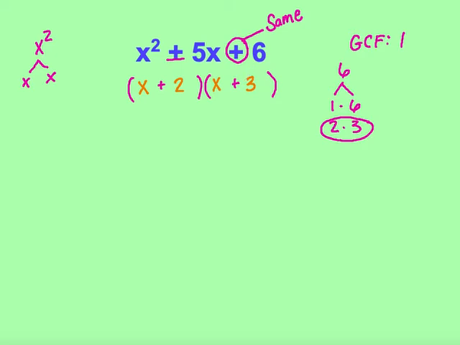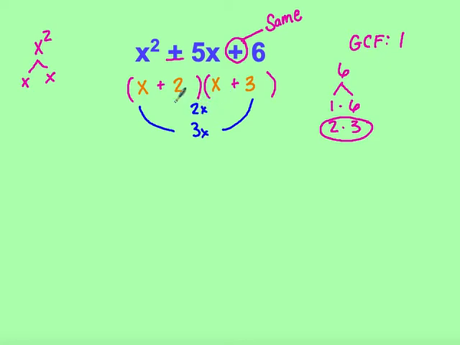Now I always check before I move on. So my firsts give me the x squared. My lasts give me 6. I know I'm good on that. What I always stop and think about is can I still get that middle term of 5x? So I look at my outers. That gives me 3x.